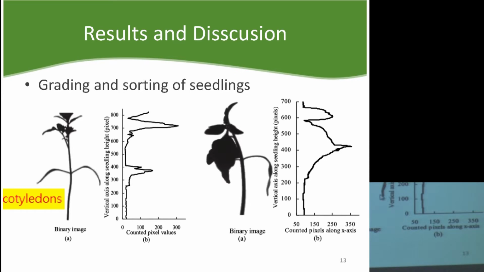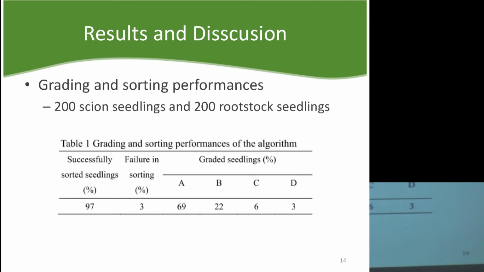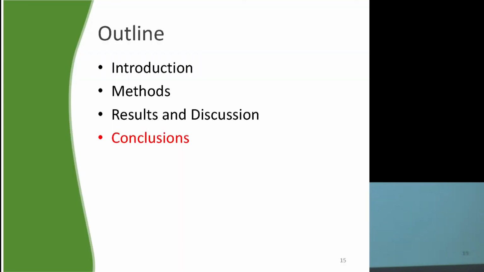So this target cannot be sorted by this algorithm. It was also found that most of the sorted seedlings had larger stem diameter, which is desirable for proper grafting. So here is the conclusion of this research paper.